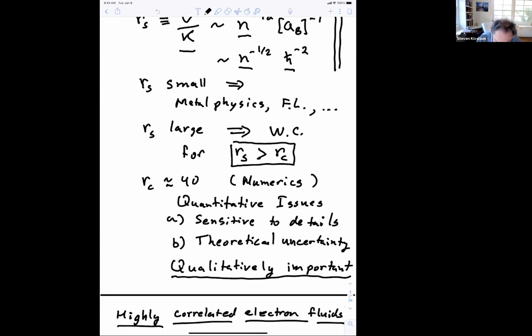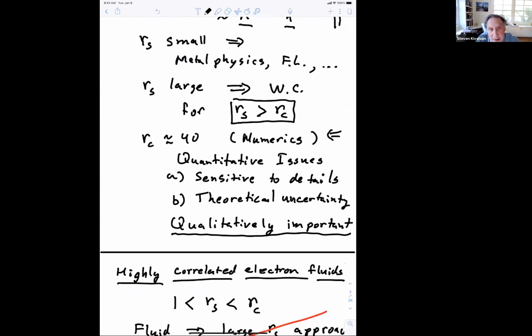And there's this classic work that's been referred to several times that was numerical studies that came out with a critical value of r_c that was on the order of 40. Now, there are quantitative issues with this that I'll get to later in the talk. Among other things, this is a non-universal quantity.